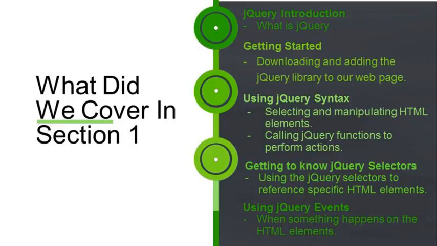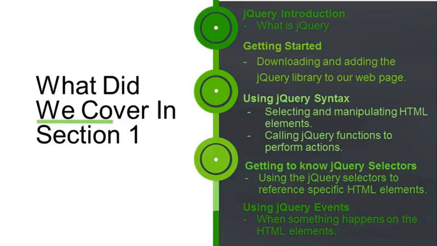And the class selector uses a dot followed by the class name. And the last is just the element tag name, if you want to perform an action on all of those elements with the same element name as well.